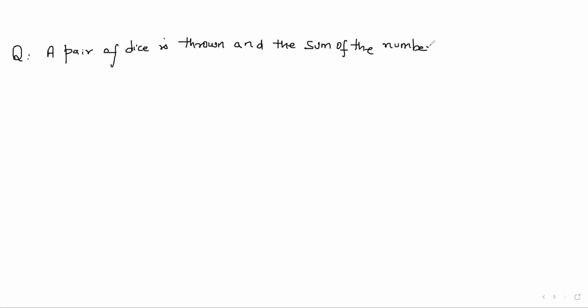So the question is: a pair of dice is thrown, and the sum of the numbers appearing on the dice is observed to be 7.